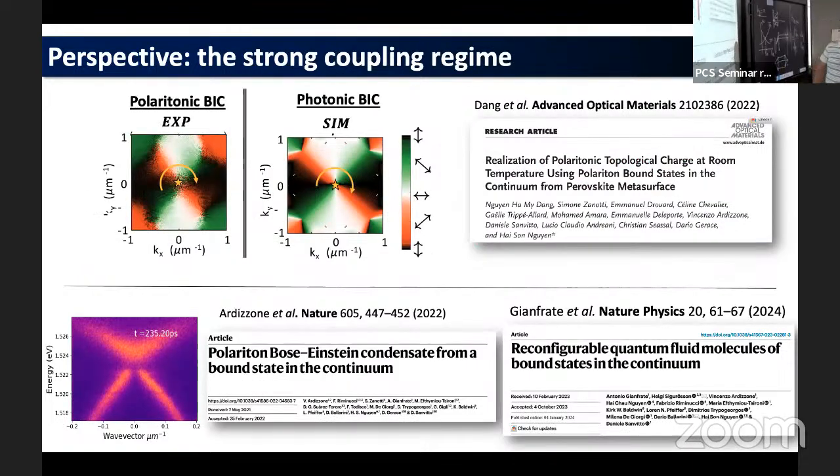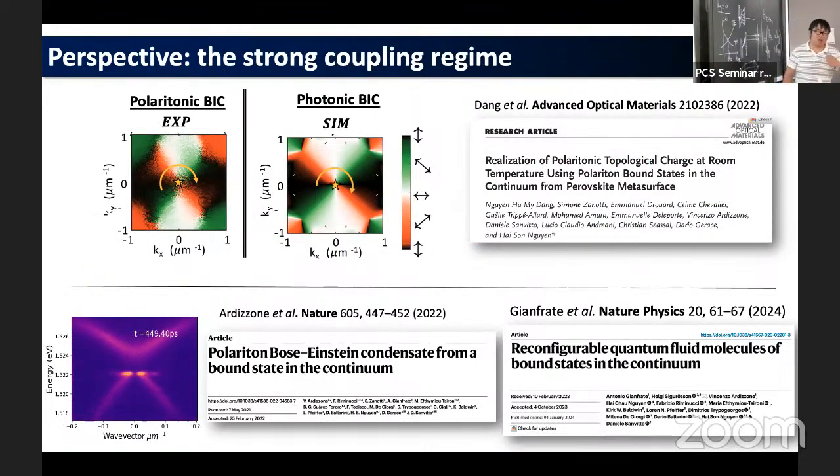And for the bound state in the continuum, the lossless state that we didn't have more time to talk about today, it becomes very interesting also in the strong coupling regime, when we make the photonic bound state in the continuum strongly coupled with other material quasi-particles, now in the case of exciton-polaritons.